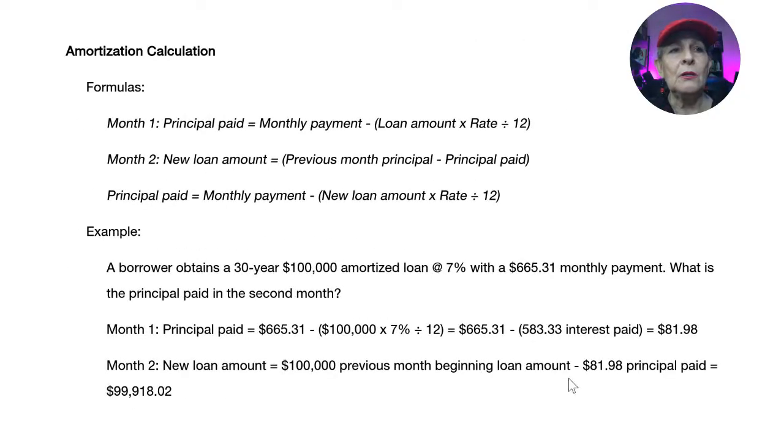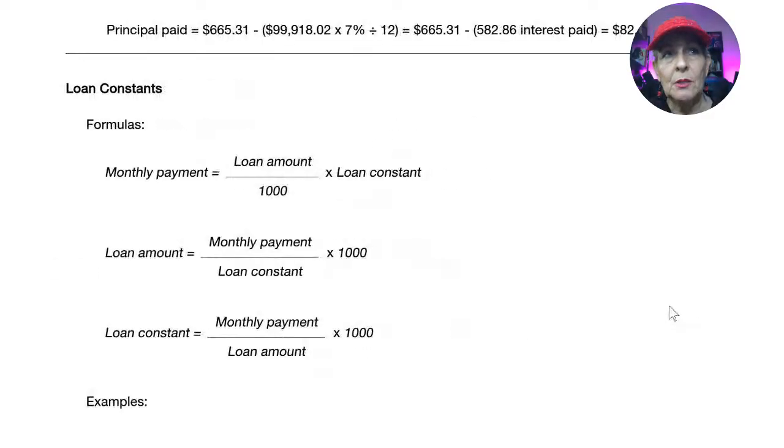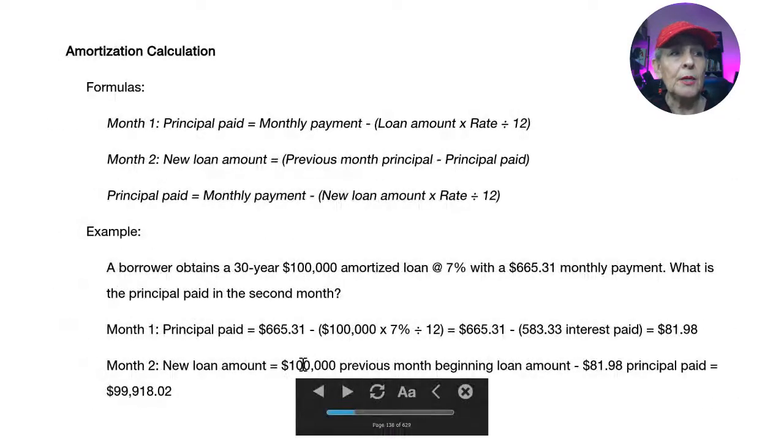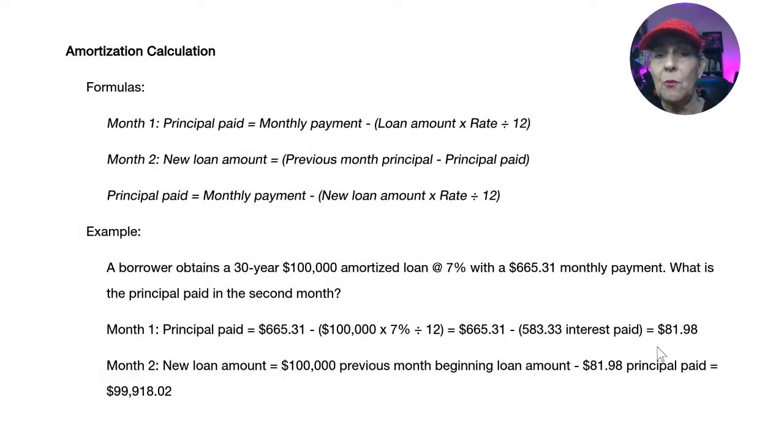So see, the first month it was 81.98 that went towards the principal. The second month, $82.45 went towards principal. A little bit more because the beginning principal balance was 99,918, right? And that was the 100,000 minus the 81.98 that went towards principal the very first payment.